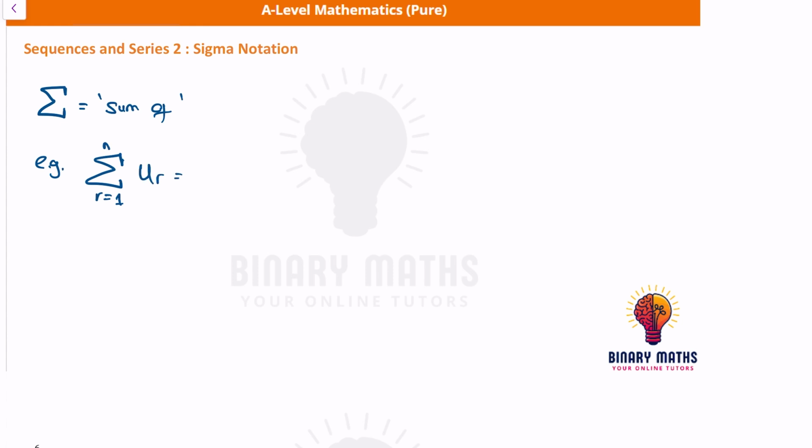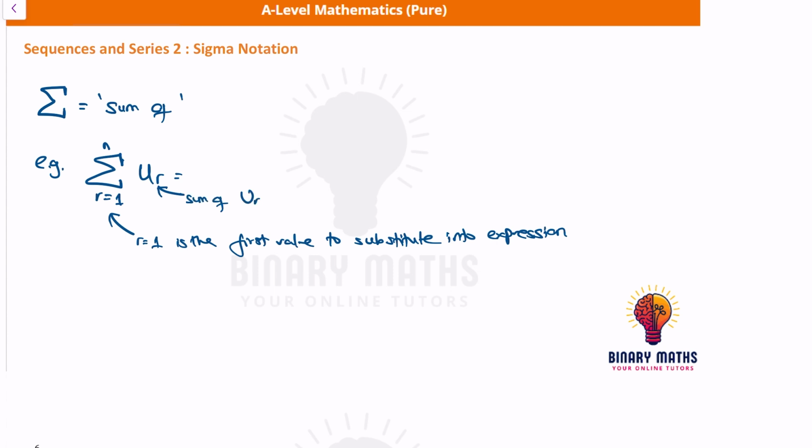all that means is r equals 1 is the first value to substitute into the expression. So this is the sum of ur, which is either ur or it's going to be an expression there.